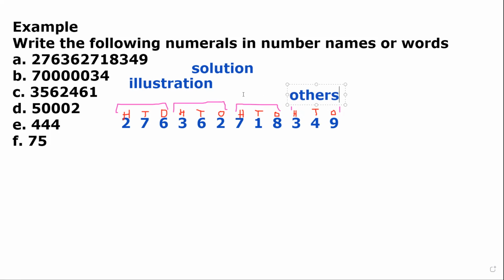So we call them others. And here we call them thousand. And this place too, we call them million. And here they are called billion.